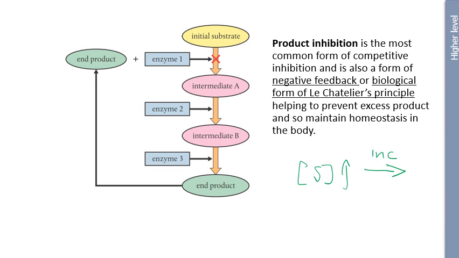In contrast, with a high concentration of product, the enzyme is inhibited, which prevents further increase in the product concentration until it returns to normal. So it favors the other direction, like Le Chatelier.